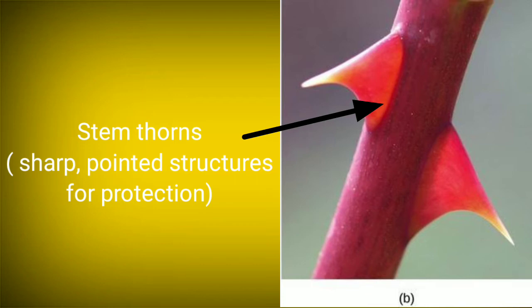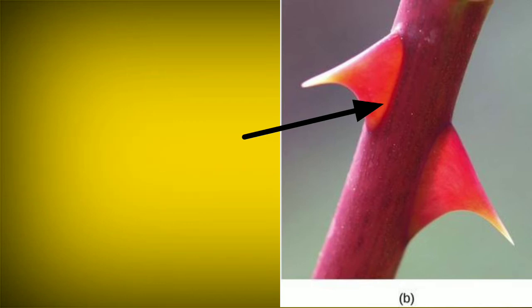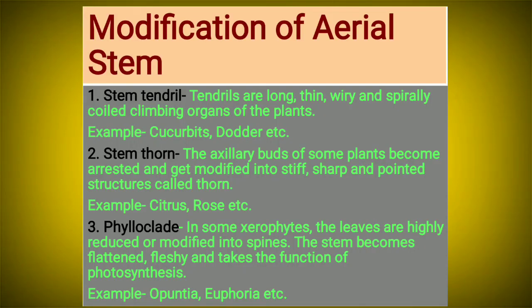Here the thorns help for the purpose of protection from some grazing animals, and such kind of plants where we find thorn or similar is the spine. Spine, that is a smoother one or a less sharper one, is called as the stem spine.